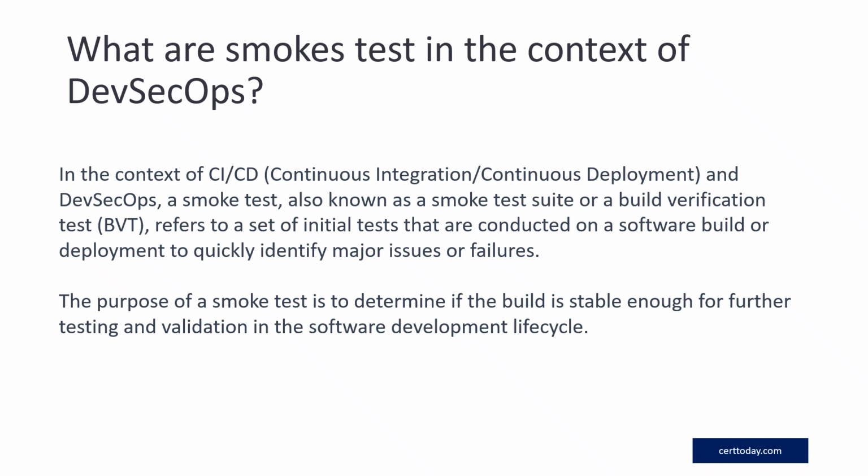In the context of CI/CD, continuous integration, continuous development, and DevSecOps, a smoke test, also known as a smoke test suite or a build verification test, BVT, refers to a set of initial tests that are conducted on a software build or deployment to quickly identify major issues or failures.